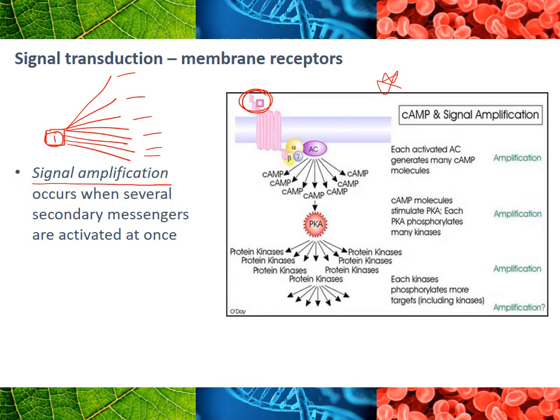So it must be hydrophilic, can't enter the cell. This is our transmembrane receptor here. So it's going the whole way through the cell. Once this message is received, it switches on a bunch of different things at once. And that allows for the message to be amplified. Okay, so that's all you need to know about amplification.